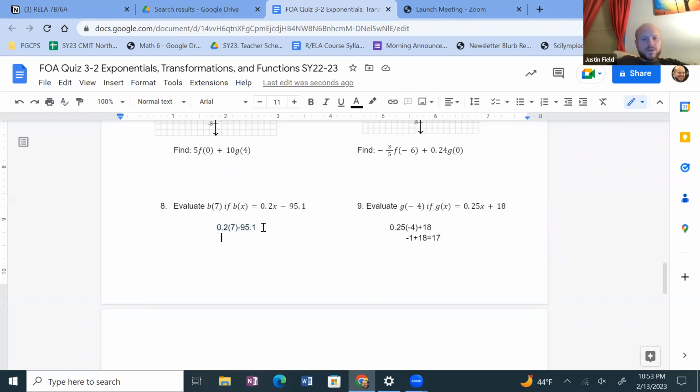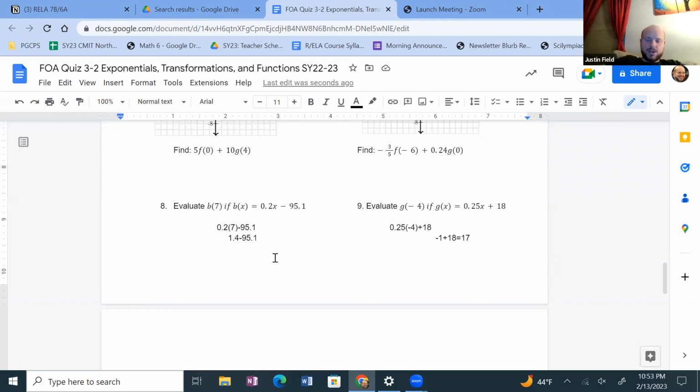Okay, now I'm going to do that other one. So 0.2 times 7 is going to be 1.4. So it's going to be 1.4 minus 95.1. That's going to be 95.1 minus 1.4.